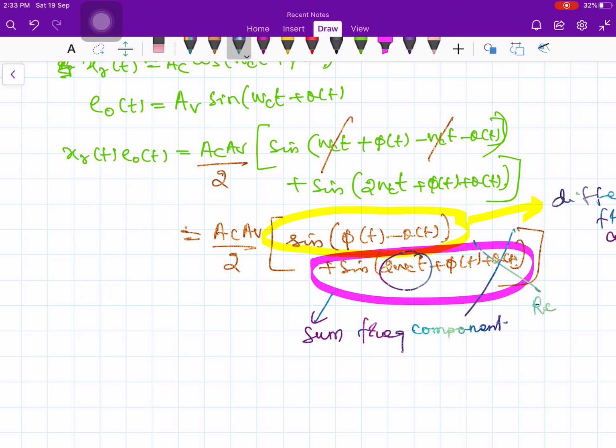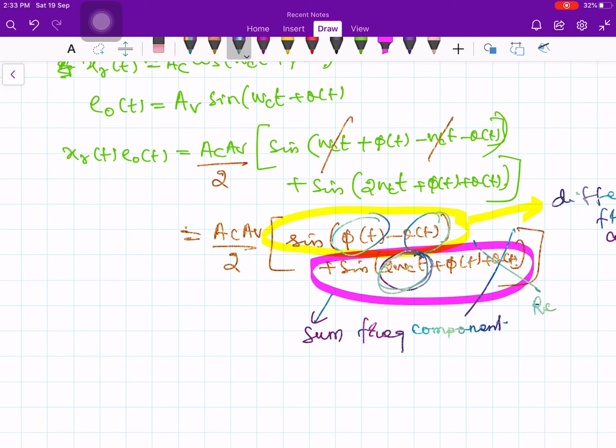Since omega ct is the same in both of them, the difference term will contain only the difference between the two arguments, phi of t and theta of t, and the sum will be at a frequency centered at 2 omega c, which will be removed by the low pass filter.